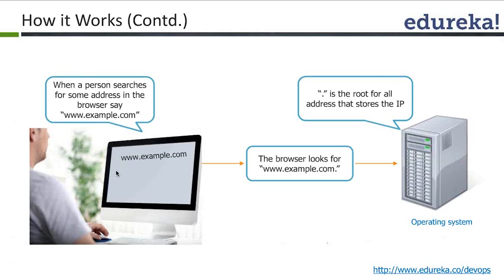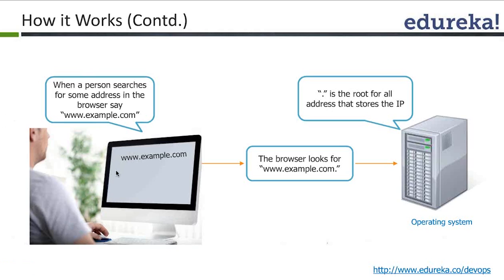Now, why internal DNS? This is not an authoritative server from the internet perspective, but it's definitely an authoritative server from your organization's perspective. So where does the DMZ come in here?